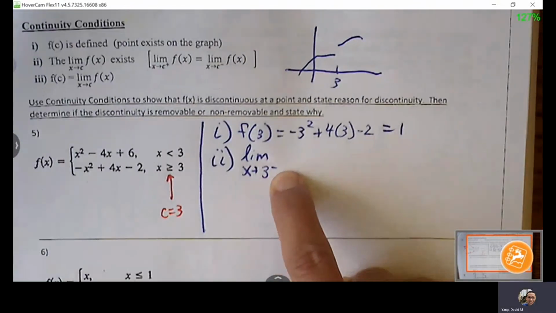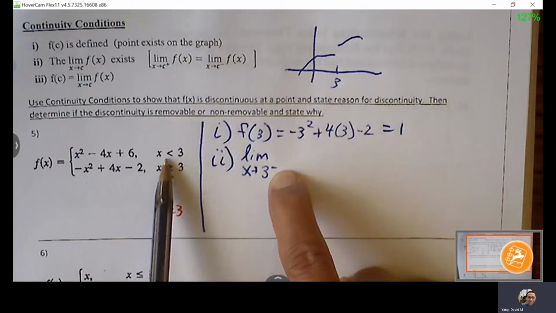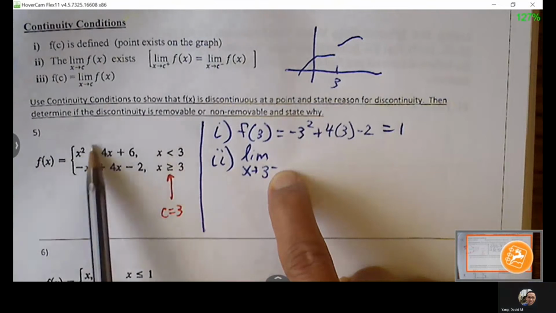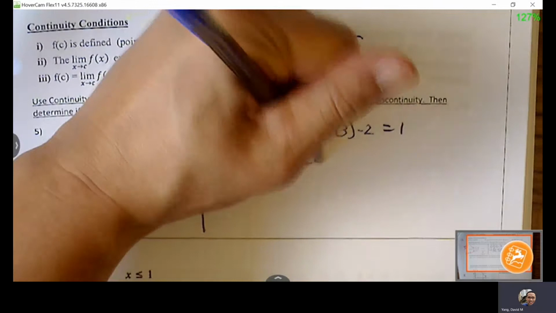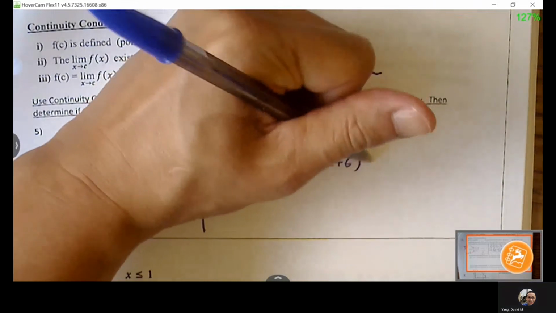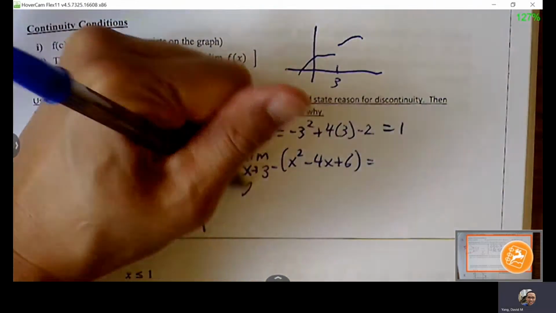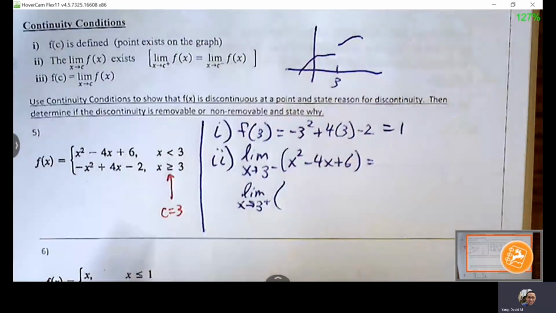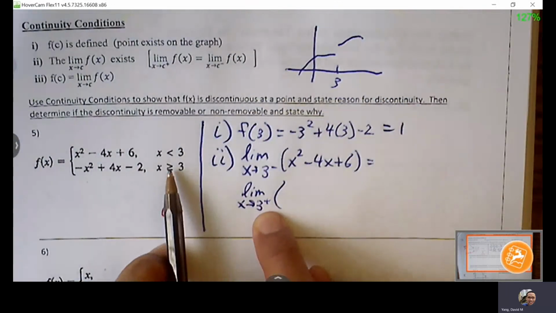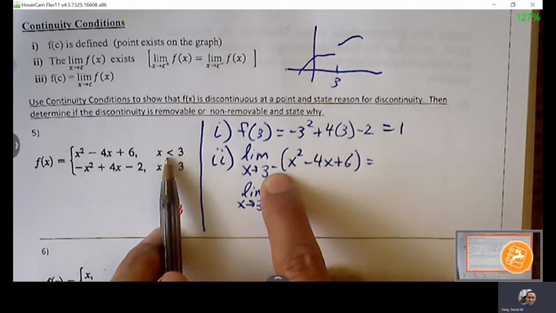So I want to start from the left side of 3. That's going to match up with the less than sign. And then I'm also going to evaluate the limit from the other side of 3. That's the greater than. Greater than is for the plus. The negative is going to be with the less than.